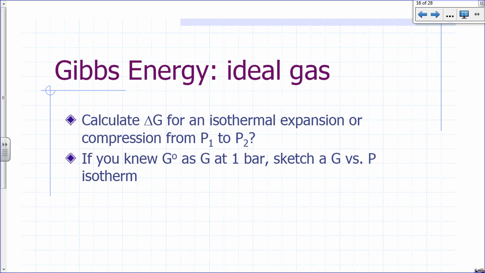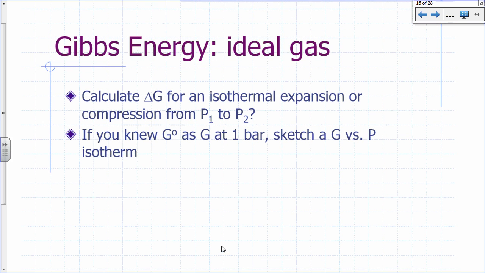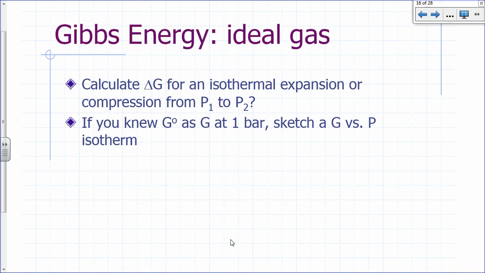Okay, let's continue our discussion of Gibbs energy. Here's a question. How would you calculate the delta G for an isothermal expansion or compression of a gas from pressure P1 to pressure P2? So what will we need to do?